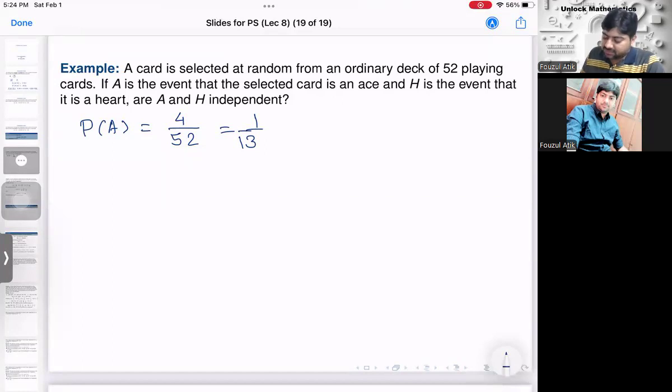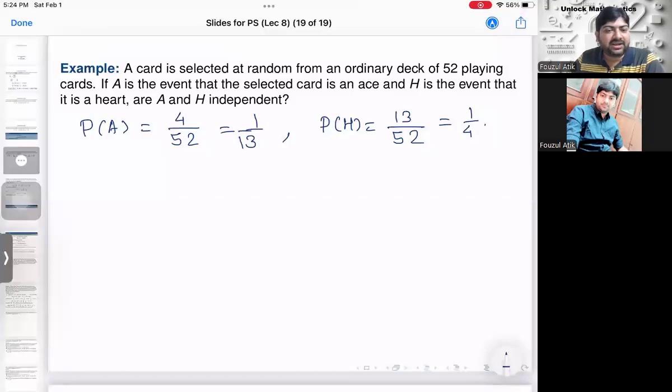In the same way, what is the probability of H, that is, the probability that you get a heart? How many hearts are there? There are 13. So the number of favorable cases of H is 13 divided by 52, which is 1 by 4.